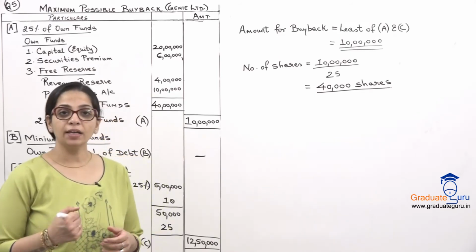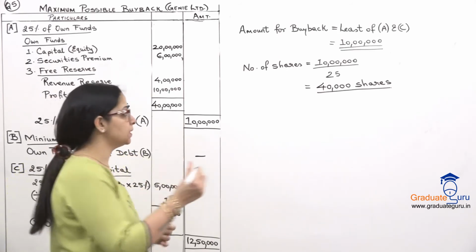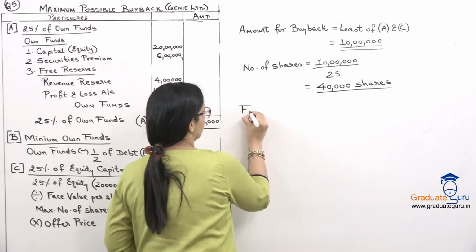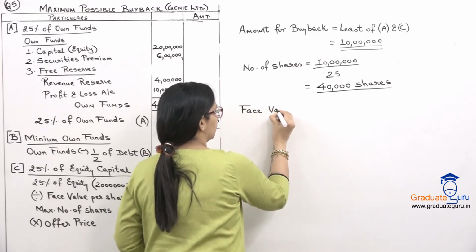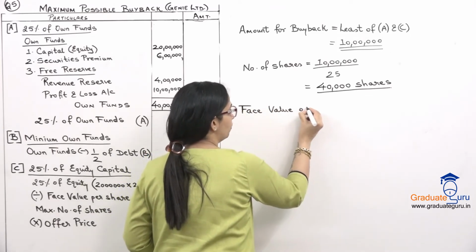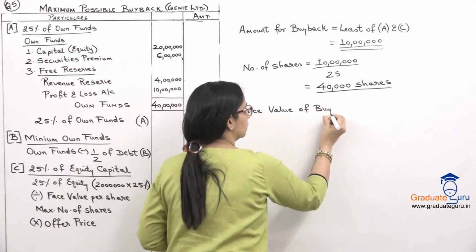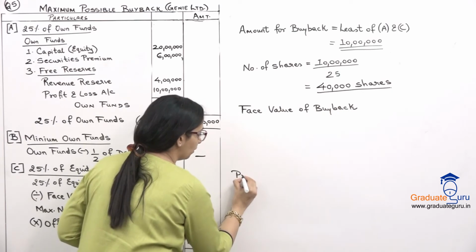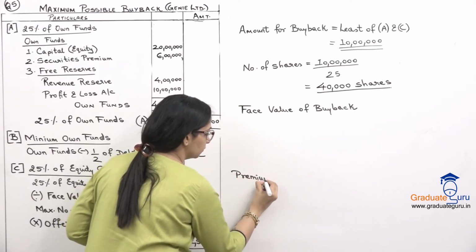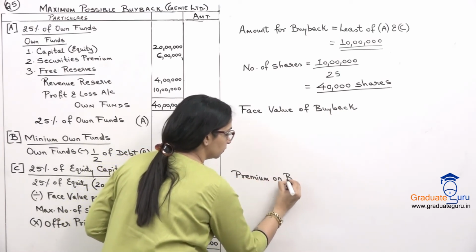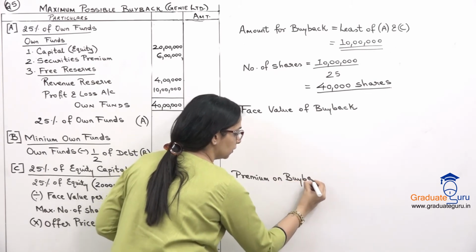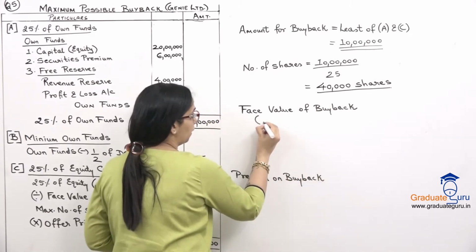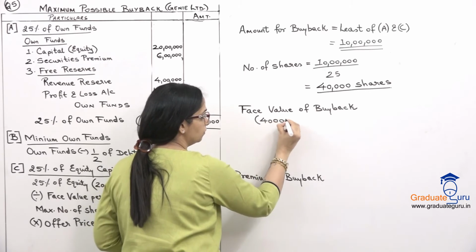Now let's make our equations like we do in all the sums. Face value of buyback and premium on buyback. Number of shares is 40,000.